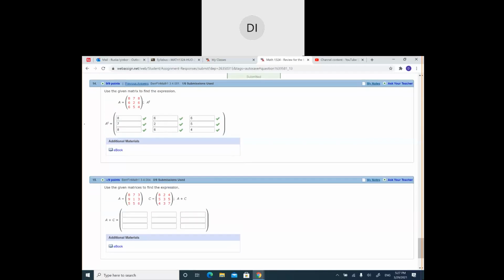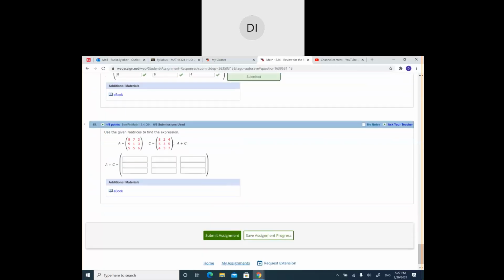Okay? And then the next one, the last one here for the review is you have matrix A, you have matrix B, you have to do A plus C. So you're adding the two matrices. So the element here, this number here, is going to be when I add this plus this. So 8 plus 8 is 16.